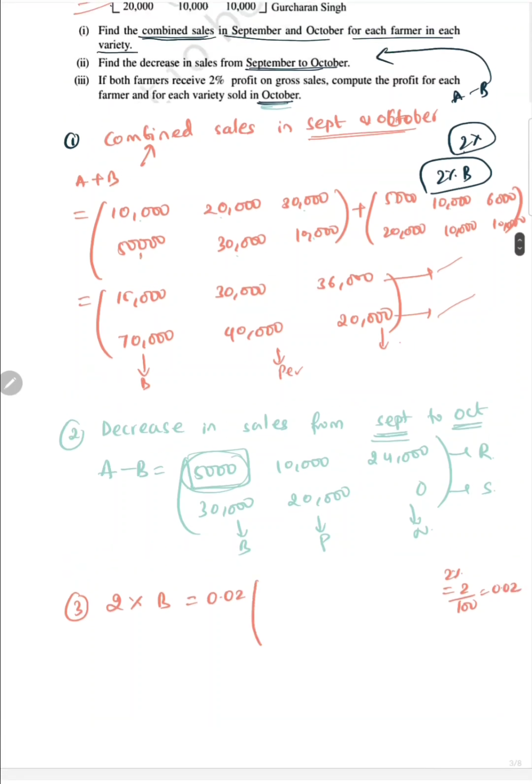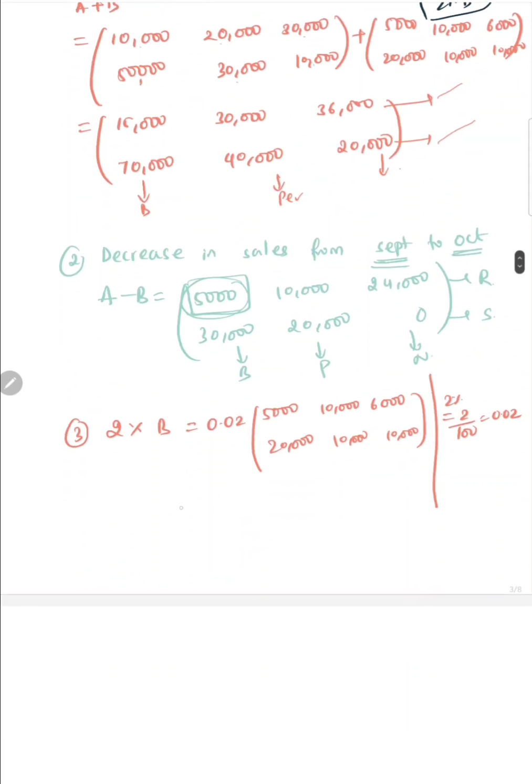B is 5,000, 10,000, 6,000, 20,000, 10,000, 10,000. So just multiply with 0.02, like 2 by 100.